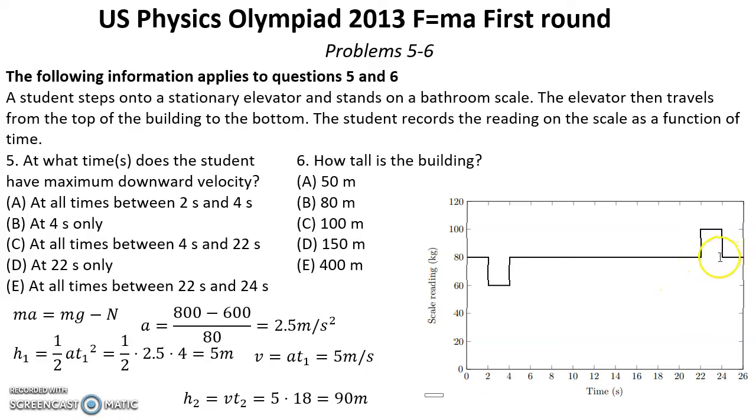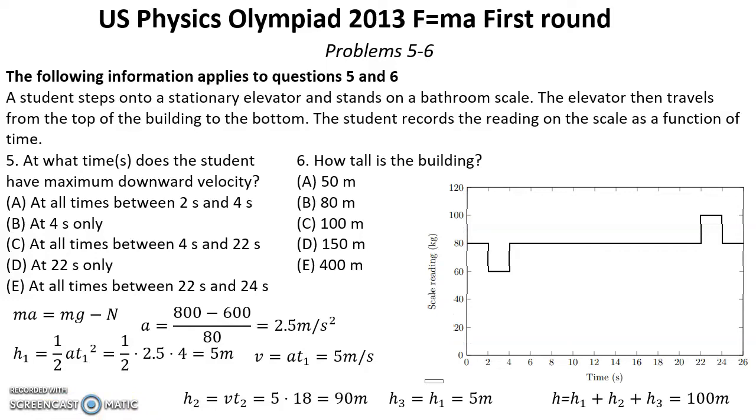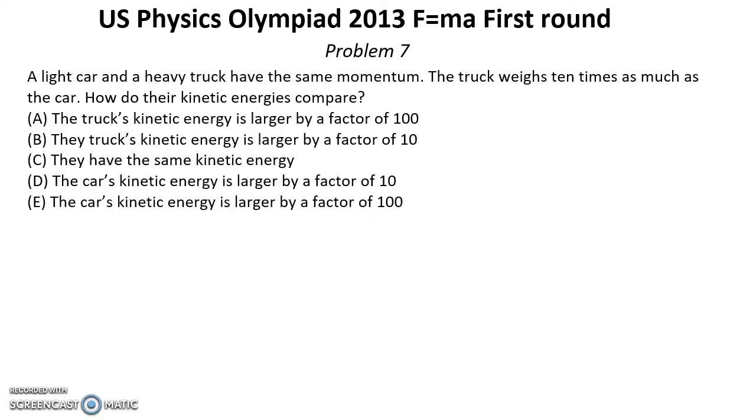So it means that distance here will be 5 meters. It means that the total height of this building equal 5 plus 90 plus 5, which is 100 meters. So that's answer C.